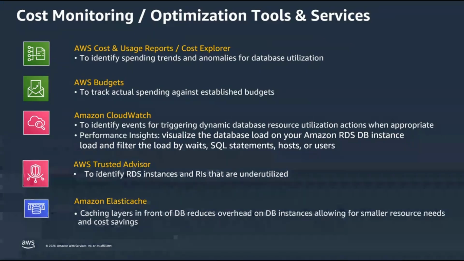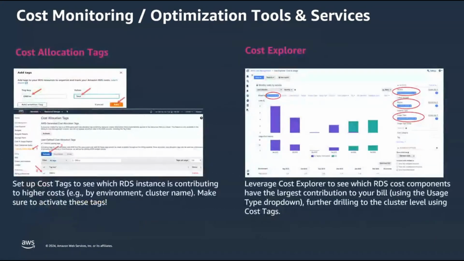It's more of a re-architecting option, because the idea is if you put a cache in front of your server, you can definitely get by with a smaller RDS instance, and therefore pay a lot less if it's a heavy read workload. Now, in terms of the first 2 tools to monitor, the first thing you need to do, which is important, is to tag your workload.